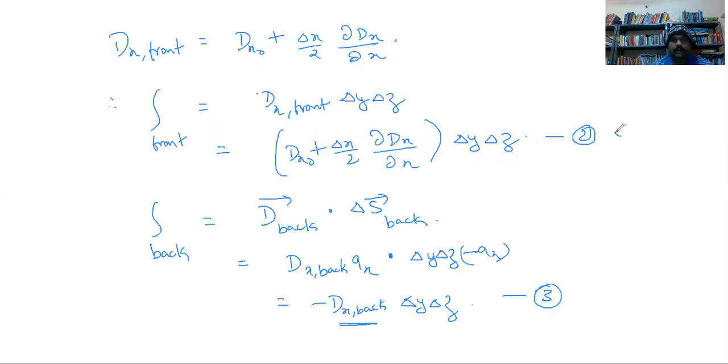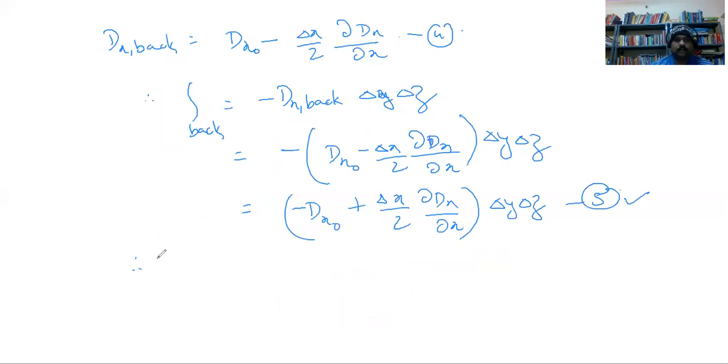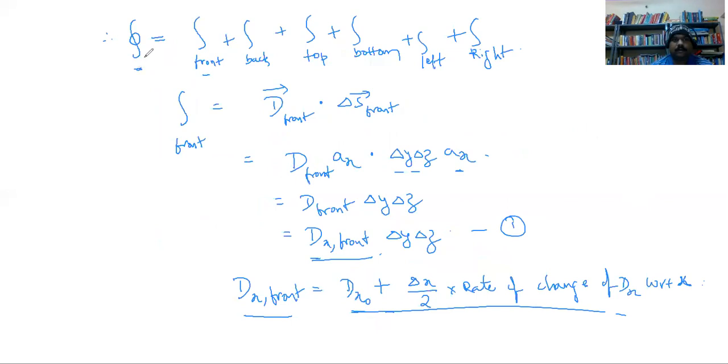So we have the front integral, we have the back integral. So therefore, what is front and back? Front integral plus back integral. Remember why we are doing this? Because finally we want the integral over a closed surface that consists of all the 6 integrals. So here we are making one pair.